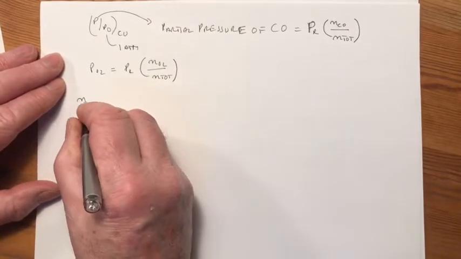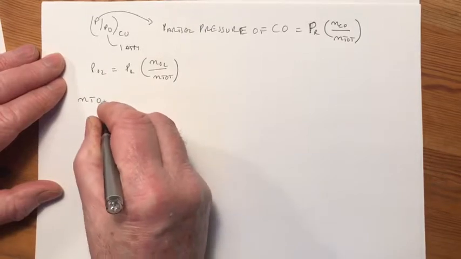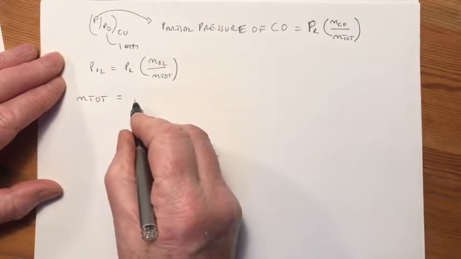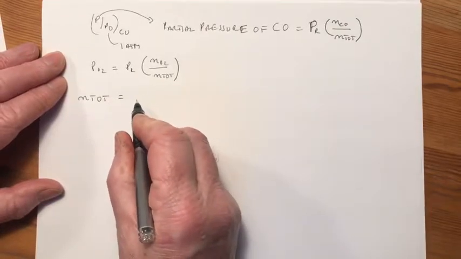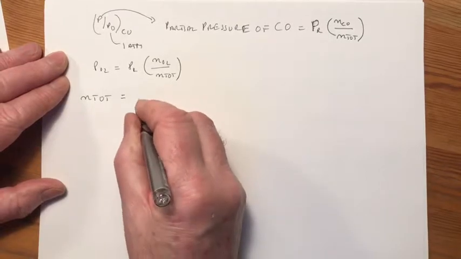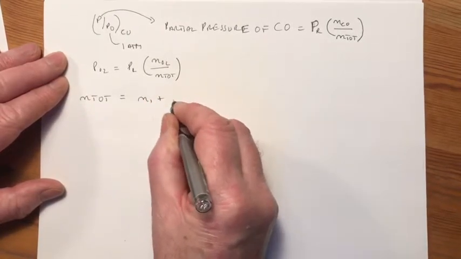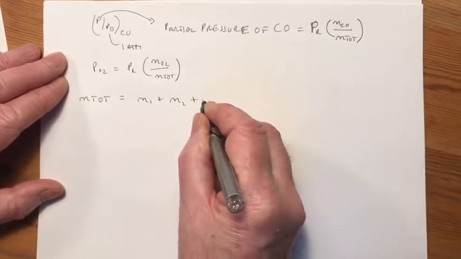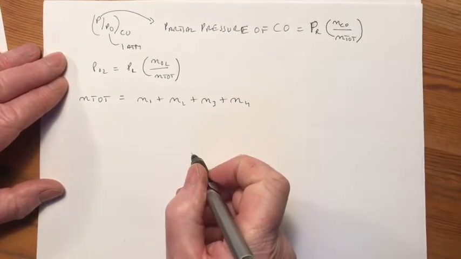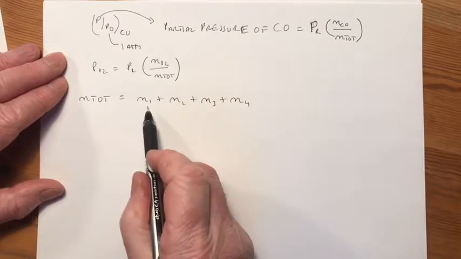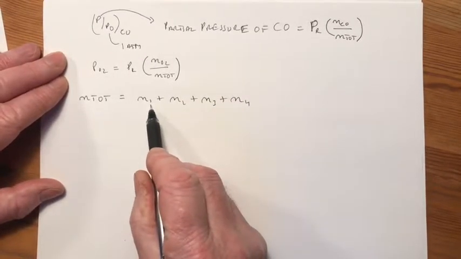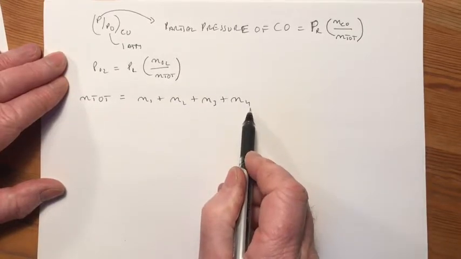The total number of moles is simply the sum of the moles of all the components, and that's equal to N1 plus N2 plus N3 plus N4. We know N2 and N3 as a function of N1. We know what N4 is already.